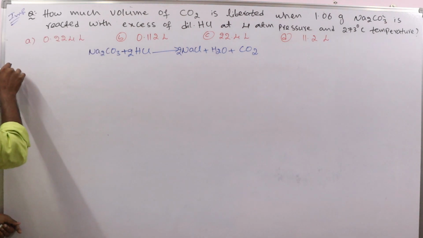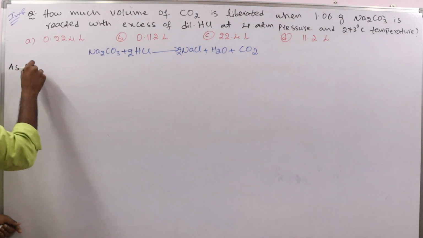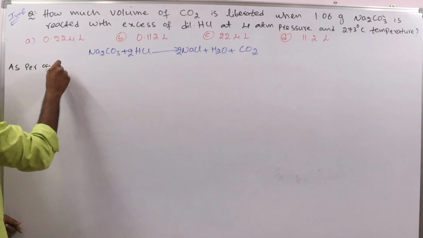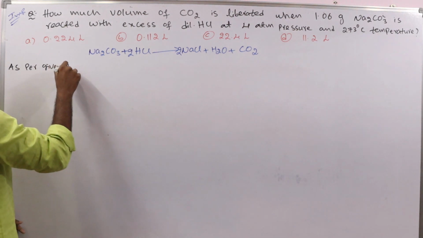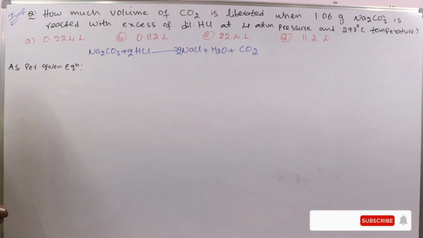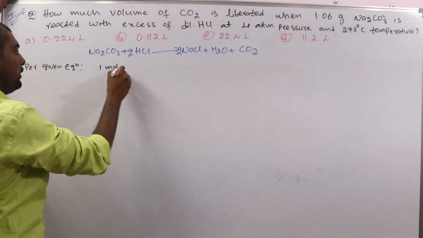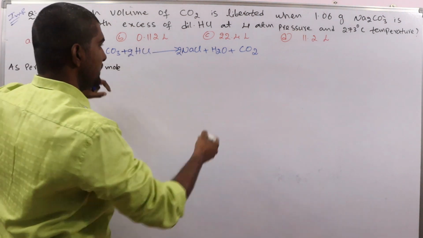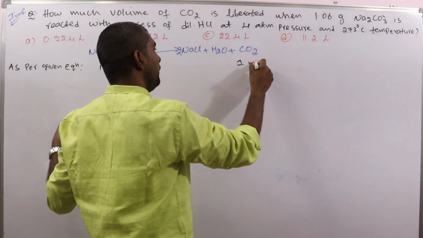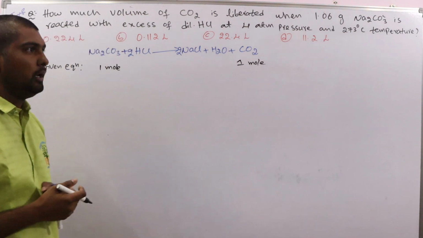Now, as per the given equation, 1 mole of sodium carbonate when reacted with excess of HCl, we are getting 1 mole of carbon dioxide, right?